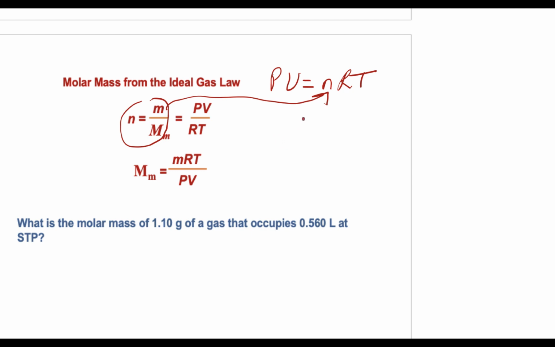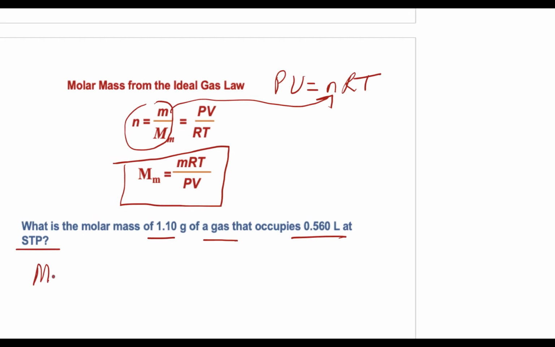And then we just solve for molar mass, and we end up with this equation here. It's equal to the mass times R times the temperature divided by the quantity pressure times volume. So here we're asked, what is the molar mass of 1.10 grams of gas that occupies 0.56 liters at standard temperature and pressure? So we'll go ahead and use this equation.